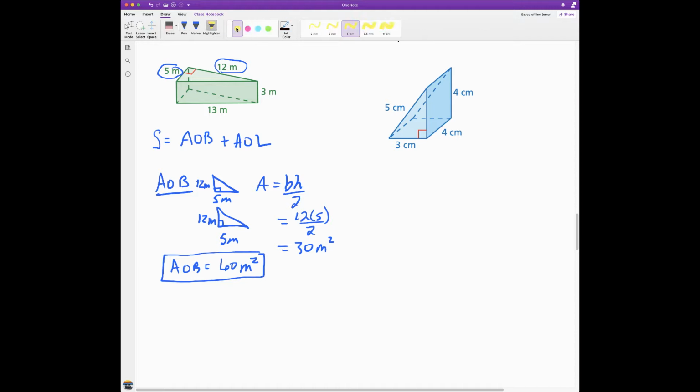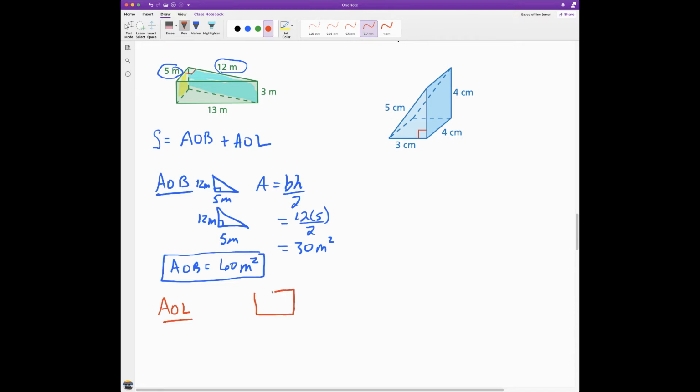Get a different highlighter. So one rectangle's back here. One rectangle's back here. And then we have the one that's in the front. Okay, so the area of the lateral faces, well, I have these 3 rectangles.